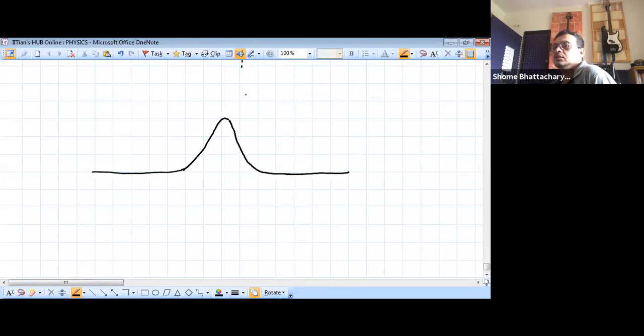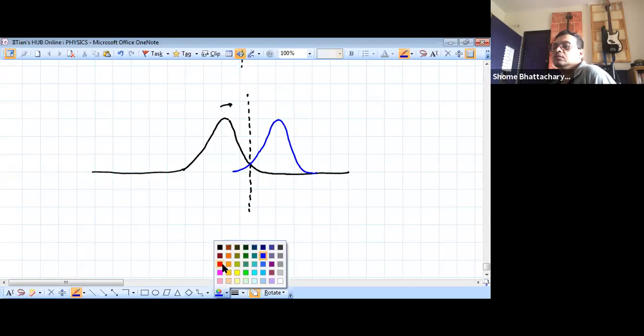Now suppose the boundary is here, right? So the mirror image pulse that we are imagining will be something like this.